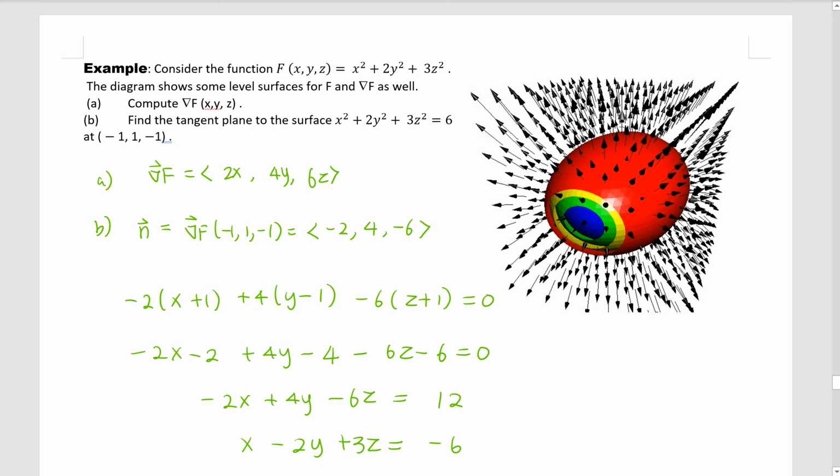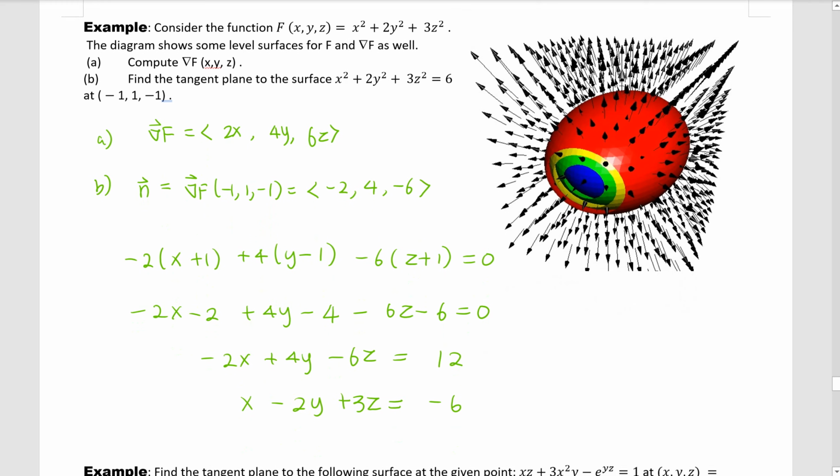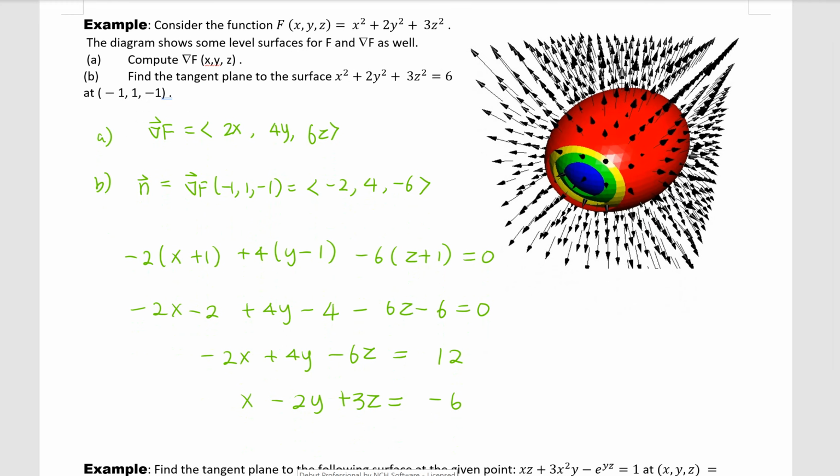If you want to draw what this plane looks like, you can always use our GeoGebra Hangout. Let me find it here.